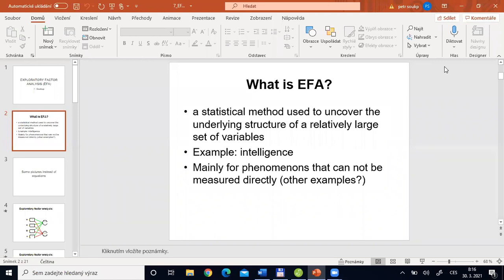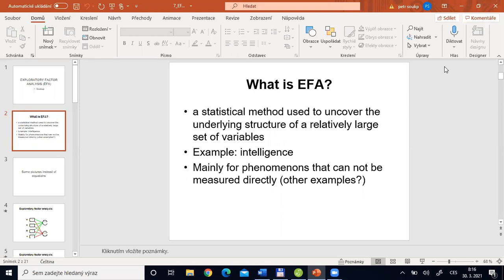Let's start with, I would like to say, the oldest example of usage of exploratory factor analysis, and this is the case from the psychology of intelligence. This example is about intelligence itself. I guess everybody has some idea what intelligence is.